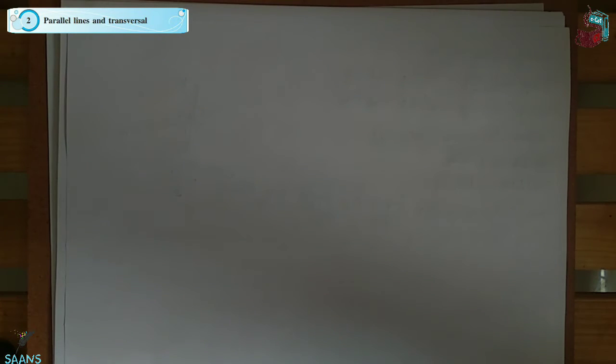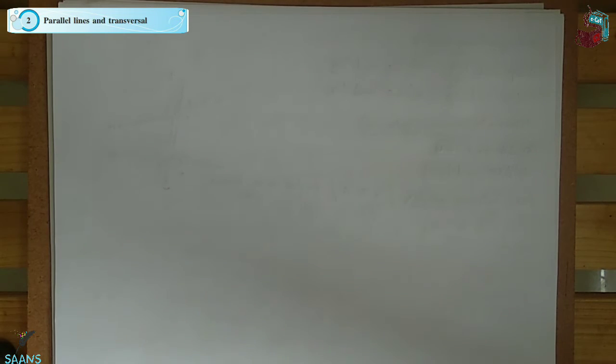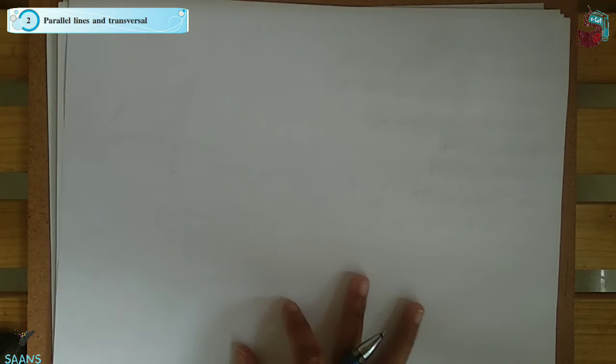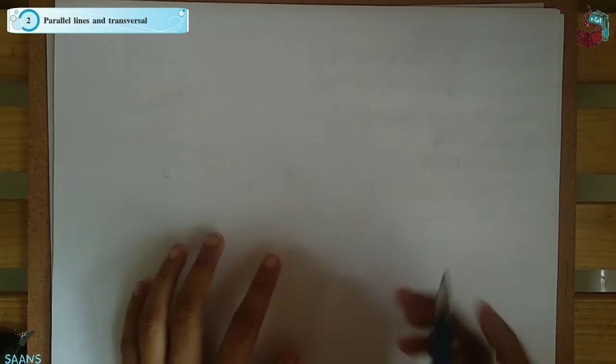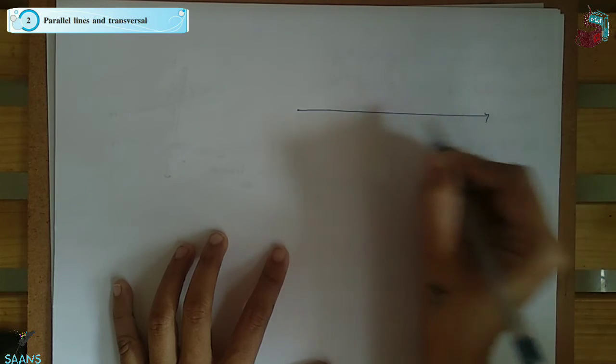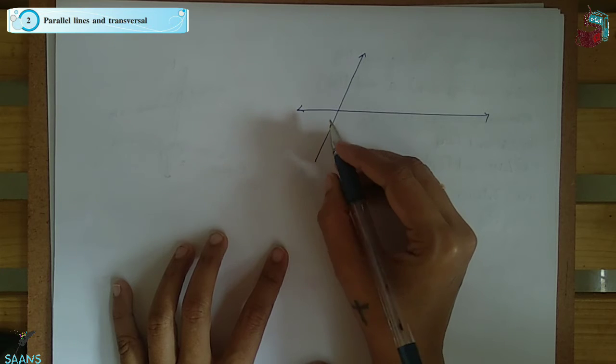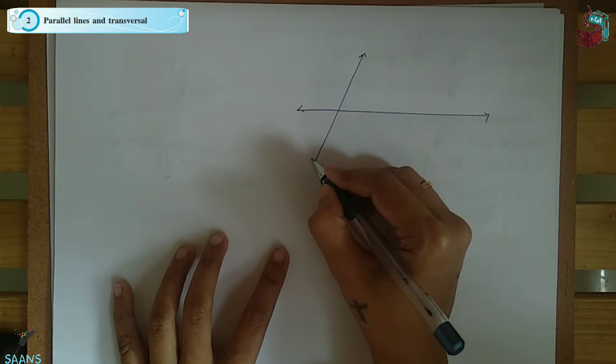Now we have another figure. Now we are going to do for that particular figure. Okay, just adjusting the light. Now we're going to do for another figure, a little different figure. Now observe the angles.